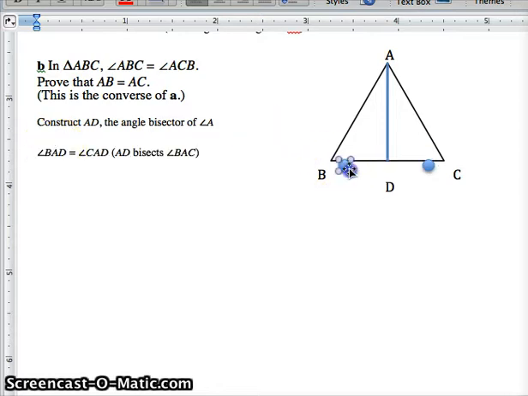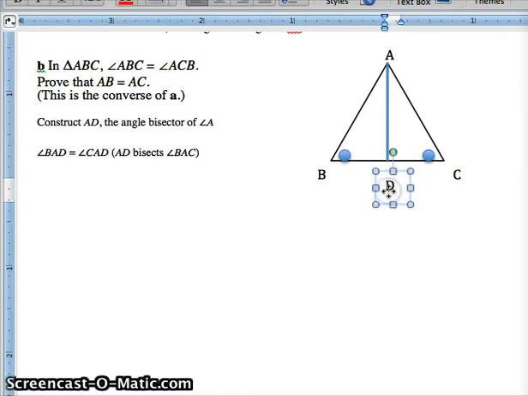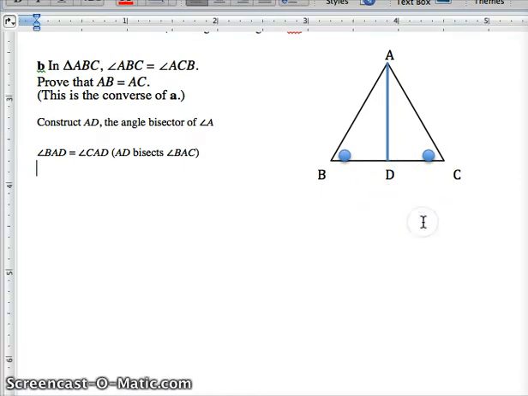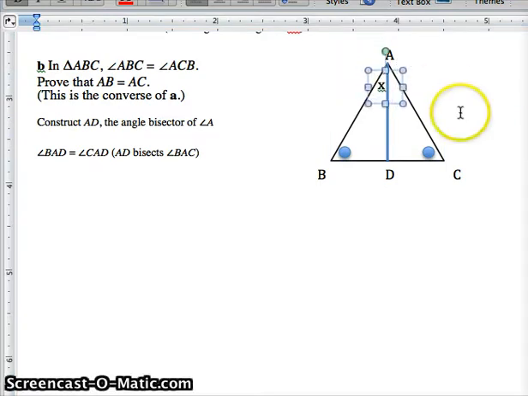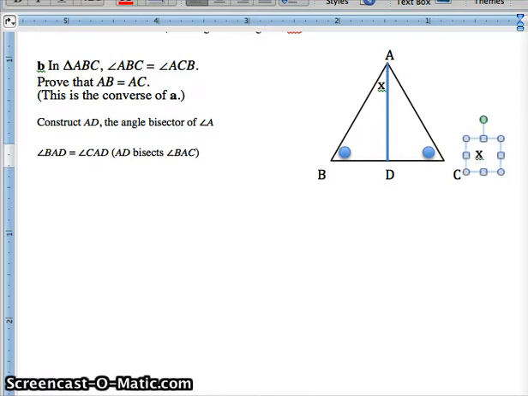So we can say that we know that angle BAD equals angle CAD. Because we've just said that those two angles are equal, we're going to mark those two angles on the diagram. I'm doing it with little crosses to show that those two angles are the same.